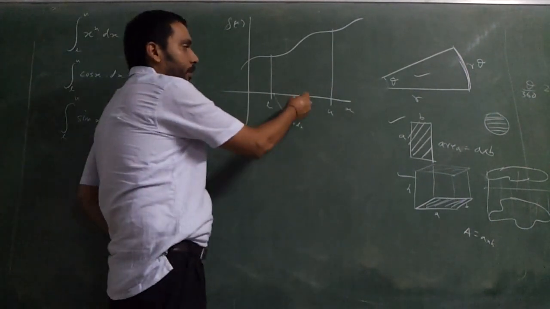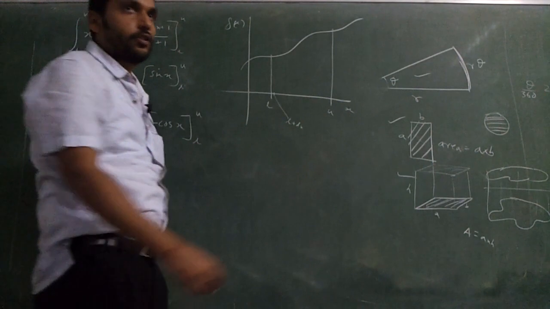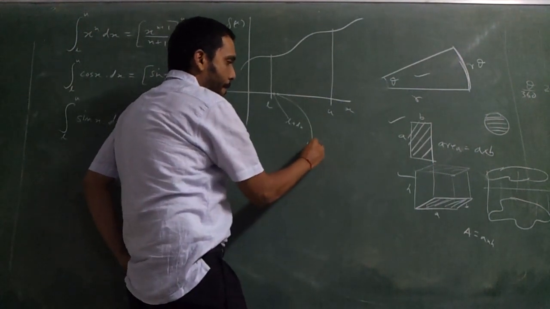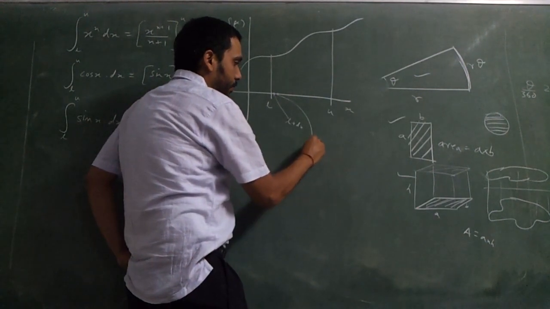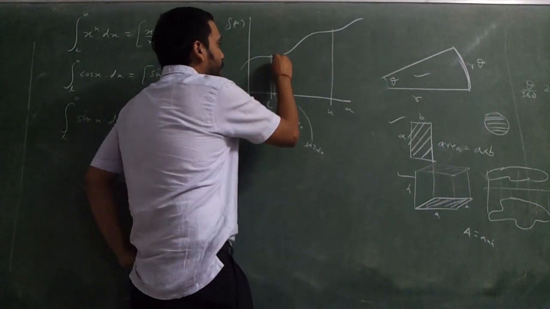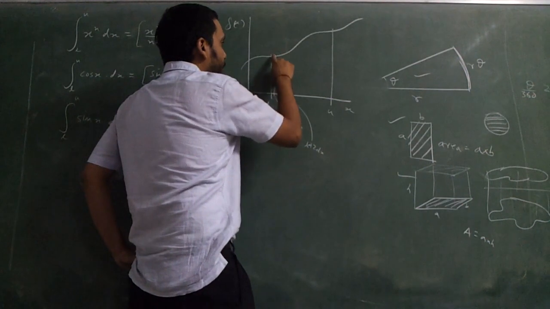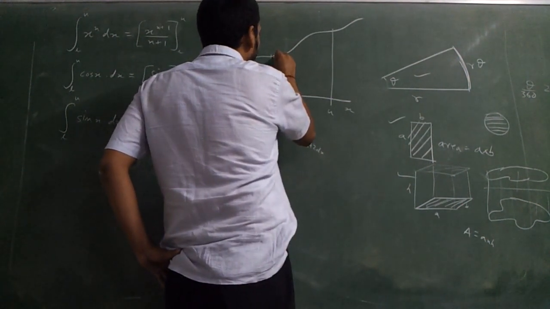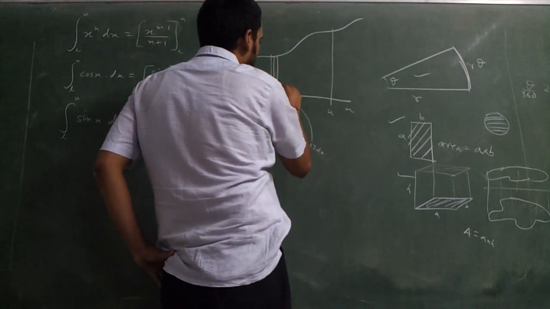Then next one is L plus 2 dx. Then L plus 3 dx. I'll create rectangles over here, of the same dx width.